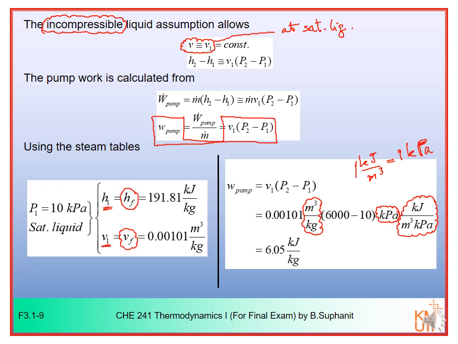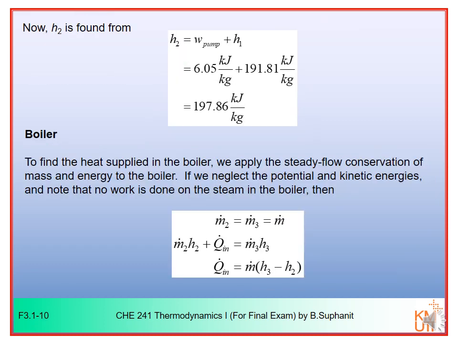So you have the pumping work. Now, once you have the pumping work, you can go back to the material and energy balance equation that you developed earlier to calculate the enthalpy at the pump outlet, or H2. H2 can be calculated from W pump plus H1, so H2 would be 197.86 kilojoule per kilogram.